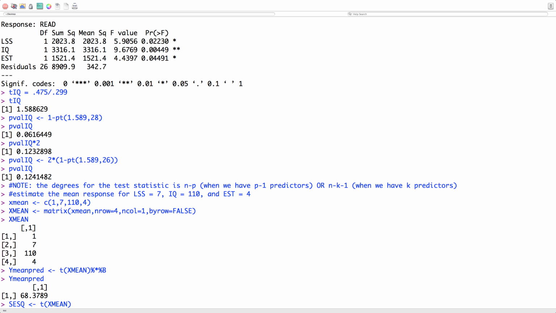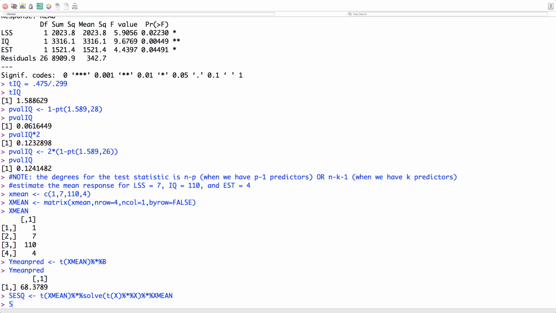Yes. Times, now I need to go solve x transpose x, and then I need to go times x mean.